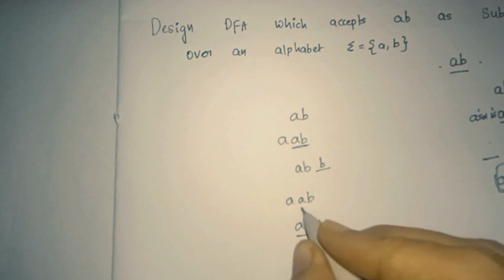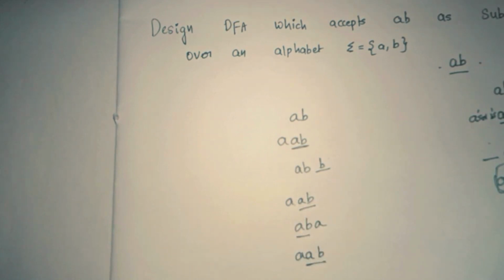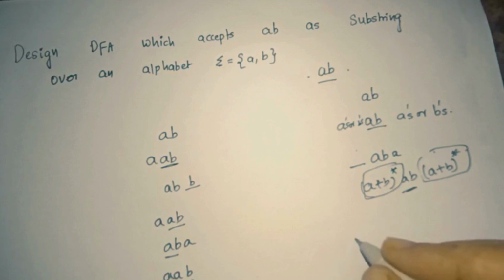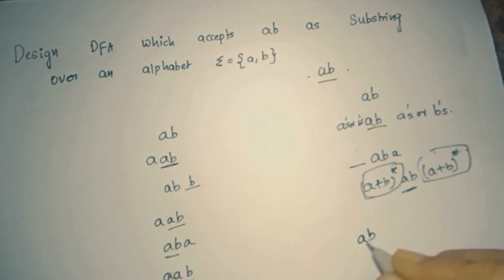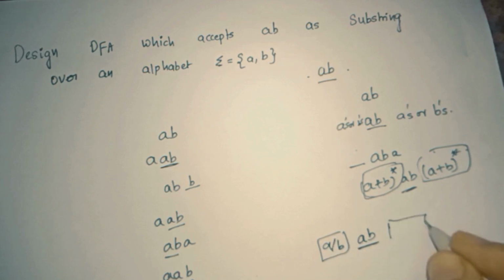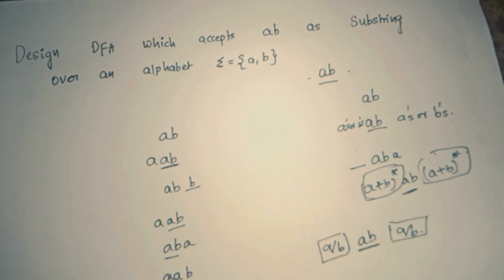Finally we have AB as a substring in all our sample strings. The basic string is AB, before this AB we can have any number of A's or B's, and after AB also. So it is left to us to choose a particular string and try to design the finite automata.